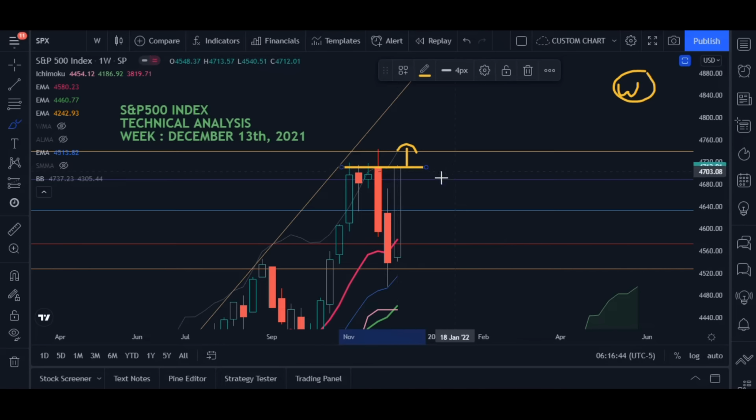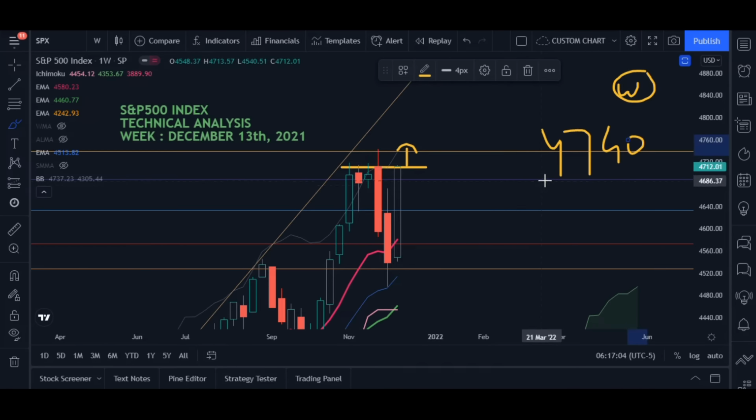Now on the weekly chart, the support and resistances will remain the same as they have been for the last many months. We have immediate, very heavy resistance at 4740.